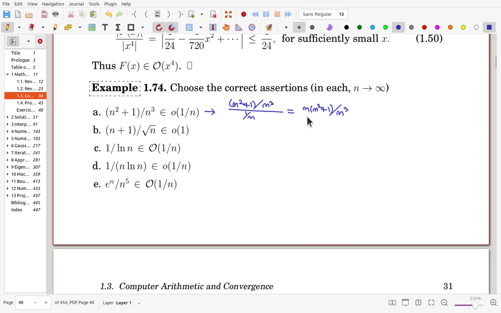It's larger than 1, however it is approaching 1. For large n, we can say this is bounded by 2, but it is not approaching 0, so this term is in big O of 1 over n, but not little o. This assertion is wrong. Similarly, you can check the others, and in fact the correct one is D.